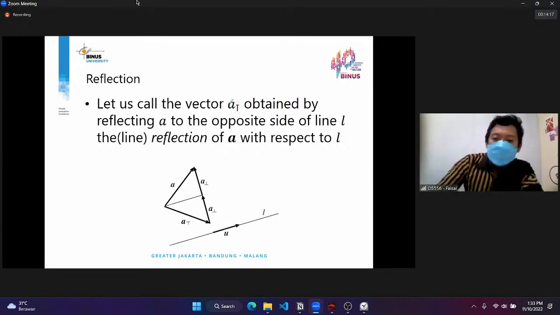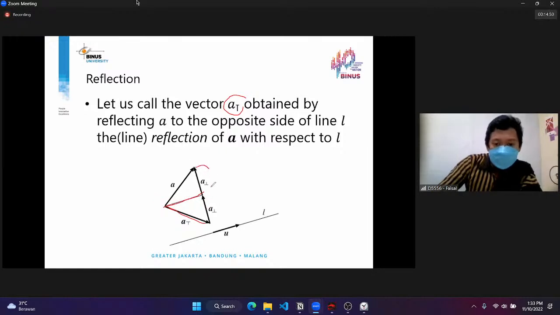So this vector is the reflection of the vector A to the opposite side of line L. So this is the reflection of A with respect to the line L. You can imagine this like a mirror.